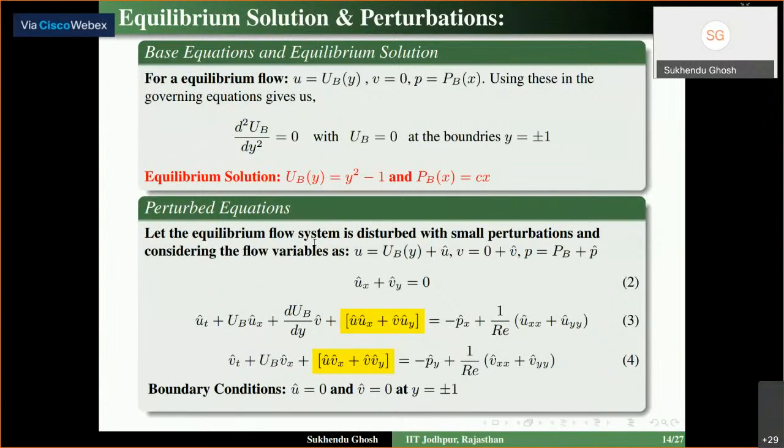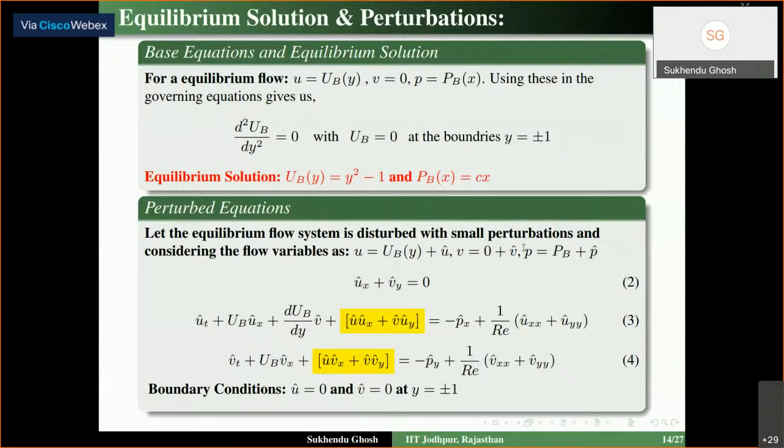So now we have to find the quantities u cap, v cap, p cap, etc. Once we know that, the combination of the equilibrium solution and the perturbation will give you the general solution for the system.